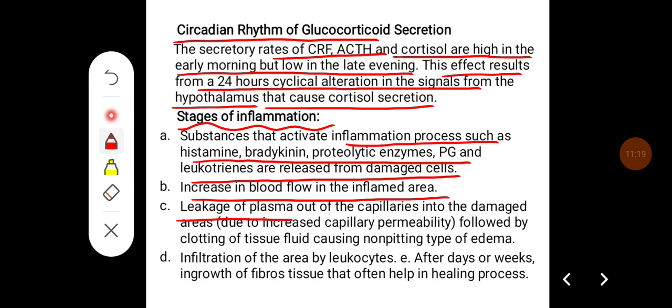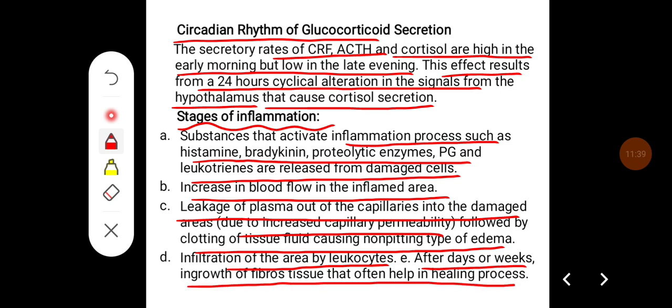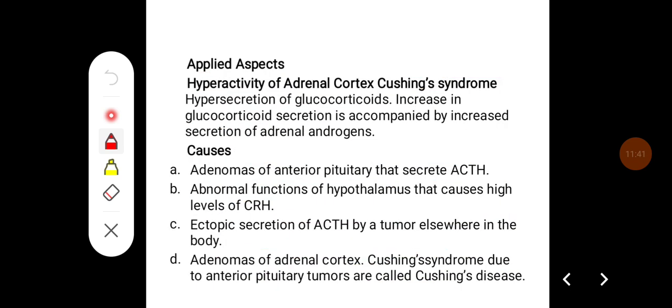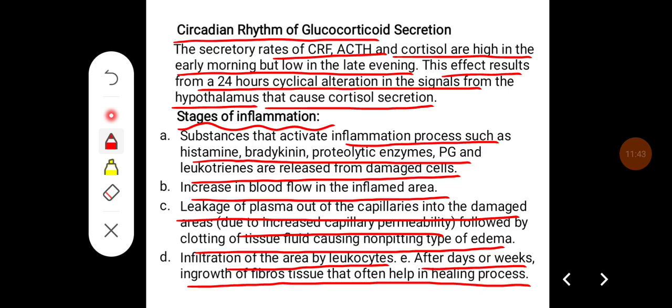There will be leakage of plasma out of the capillaries into the damaged areas due to the increased capillary permeability, followed by clotting of tissue fluid causing non-pitting type of edema, and infiltration of these areas by leukocytes, and later, after days or weeks, the ingrowth of fibrous tissue that helps in the healing process. Most of these stages of inflammation are inhibited by glucocorticoids.